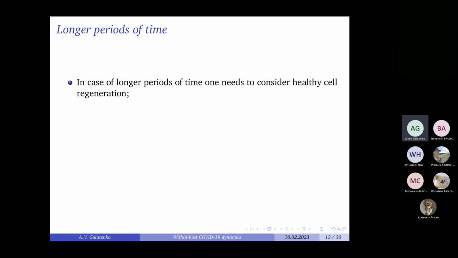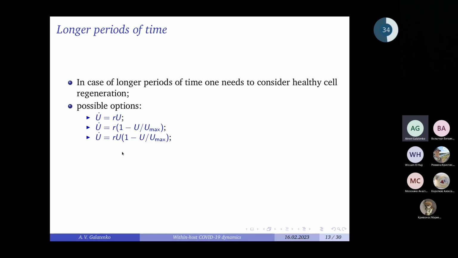If we consider the dynamics for longer periods of time, then the models considered above are no longer adequate, because we need to take into account healthy cell regeneration. There are several models of cell regeneration in the literature. For instance, the exponential growth or logistic growth or a mix of both.